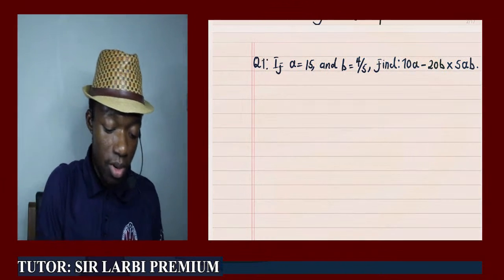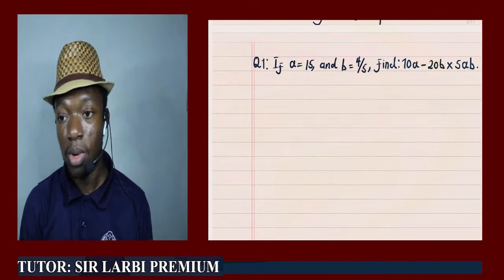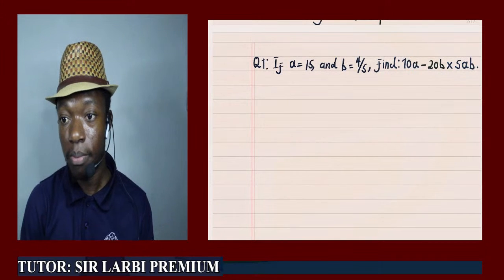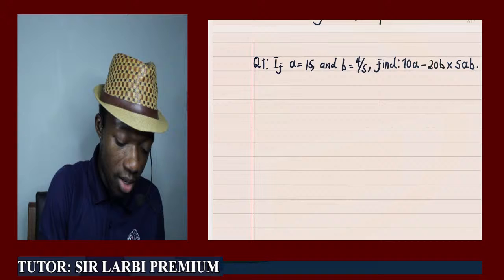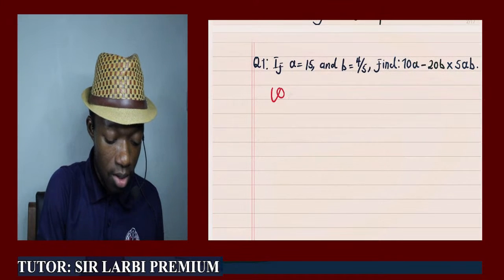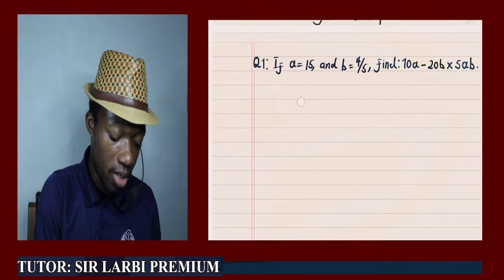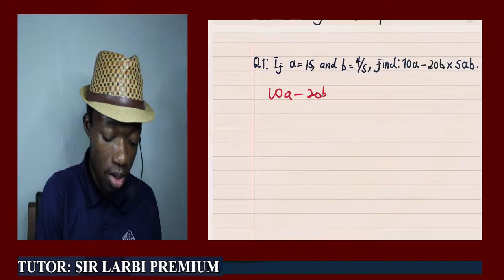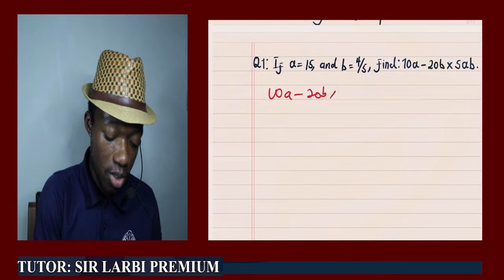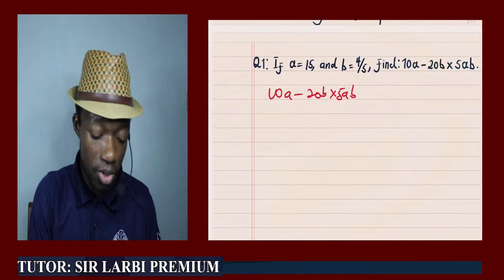Let's see how we answer this question. Generally we are asked to find 10a minus 20b multiplying 5ab. So let me write it here: 10a minus 20b multiplying 5ab.